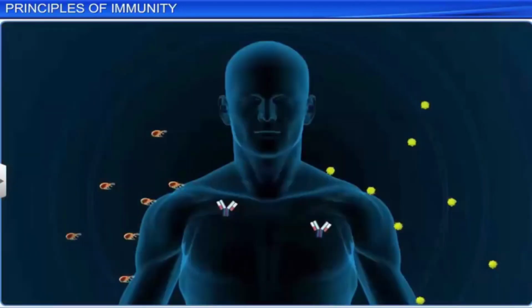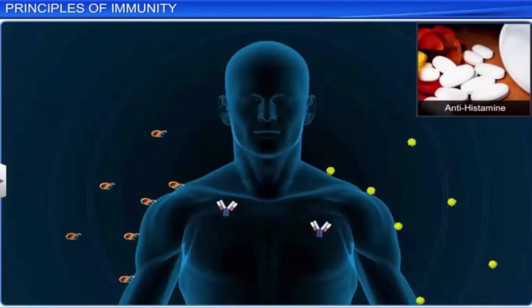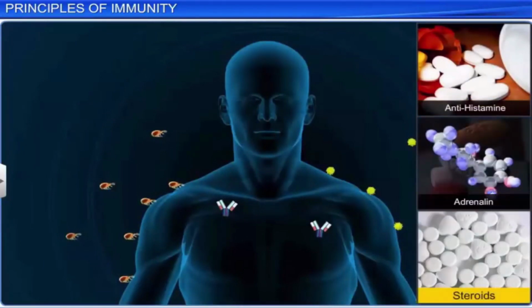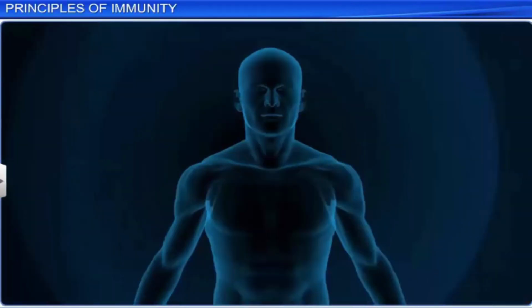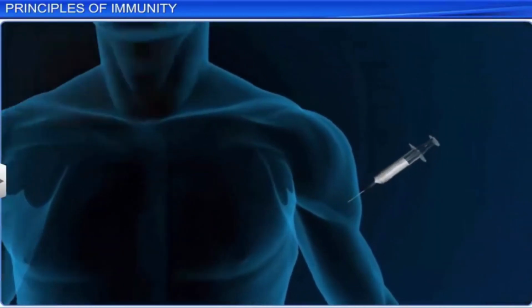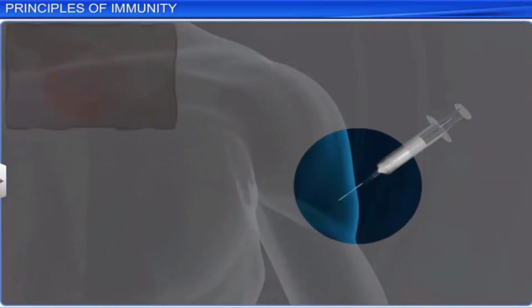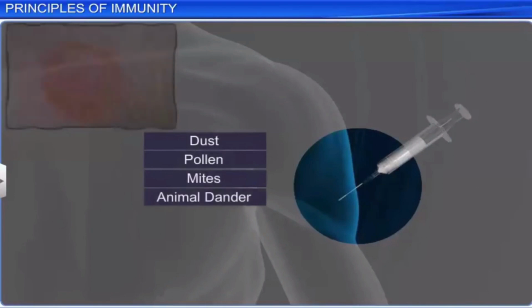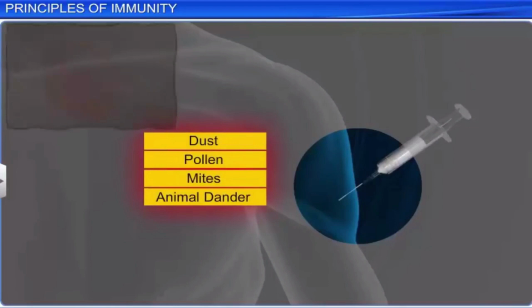Therefore, the use of drugs like antihistamine, adrenaline, and steroids quickly reduces the symptoms of an allergy. To determine the exact cause of an allergy, the patient has to either be exposed to or injected with small doses of different allergens. The patient's reaction to each allergen is studied to arrive at a conclusion.